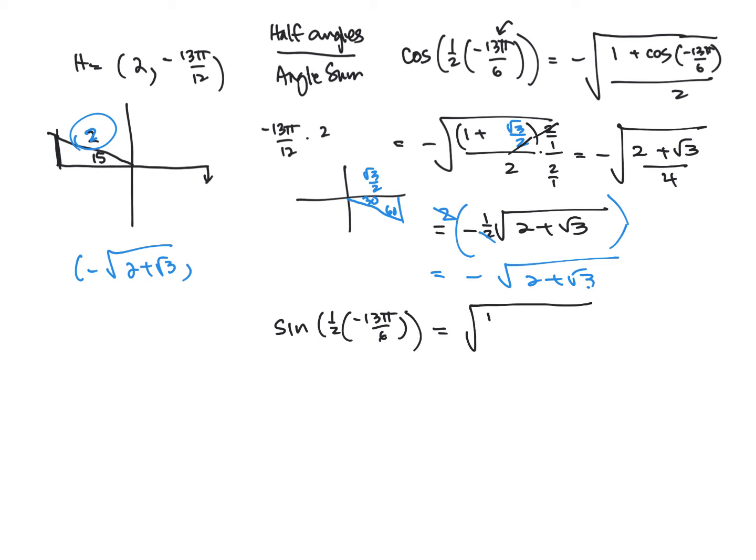So I have 1 minus cosine of negative 13 pi over 6, and divide everything by 2. So this will equal 1 minus, and at negative 13 pi over 6, I'll put parentheses there. I already have what it is. It is root 3 over 2, so root 3 over 2, and then divide that by 2.